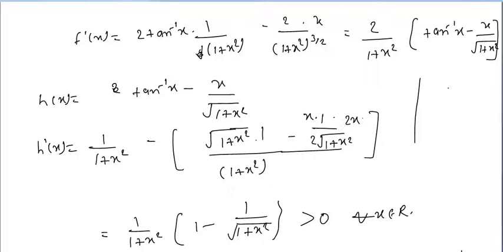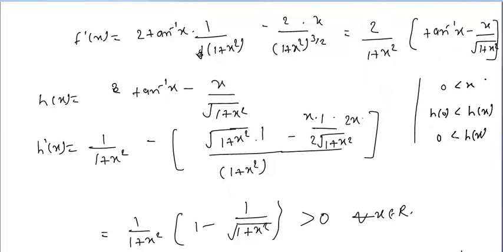So given x greater than 0, take function h on both sides. So h(0) is less than h(x), because the h function is increasing, as we have proved here. And h(0) is 0 minus 0, that is 0, which is less than h(x).